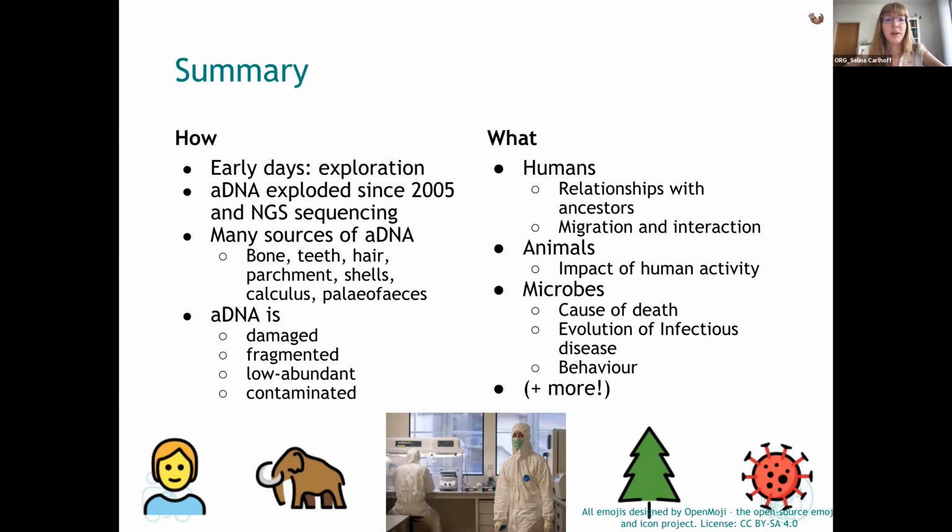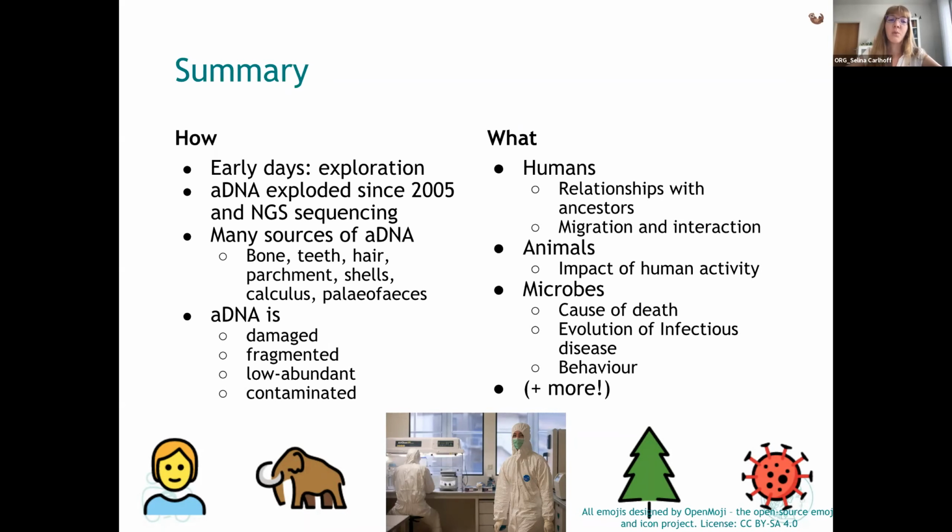We introduced you to many different sources of ancient DNA, both directly from human skeletons, such as bone or teeth, and also hair, but also shells, calculus, paleofeces, sediment. With technological improvement, there are many new sources of ancient DNA being discovered every year.